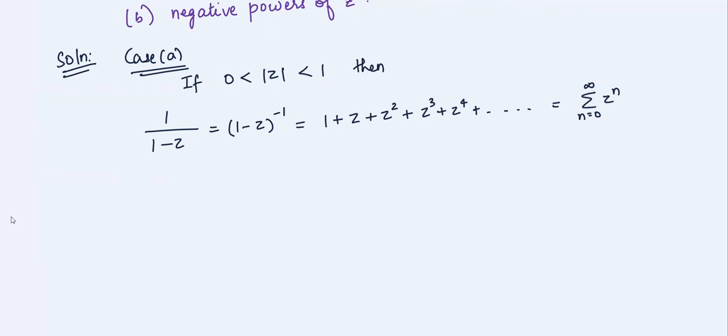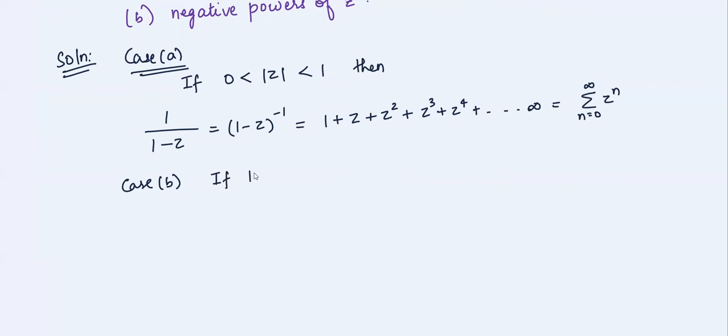This is simple. This is a by 1 minus r, the sum to infinity of a geometric progression, where the first term is 1 and the common ratio is z. So you get 1 plus z plus z square plus z cube, and so on. Or you think of this as 1 minus z whole power minus 1, the binomial expansion for negative integers. You get this one.